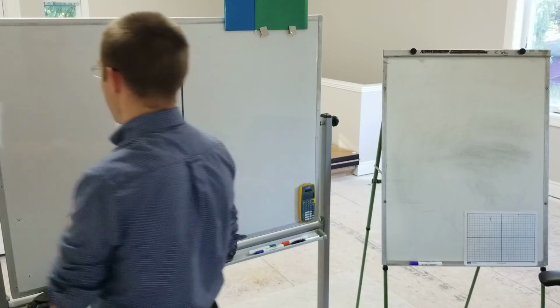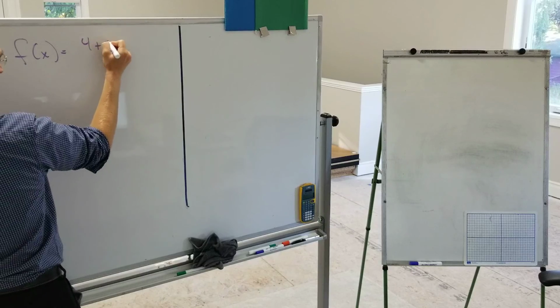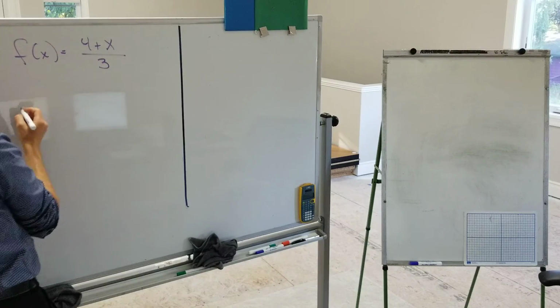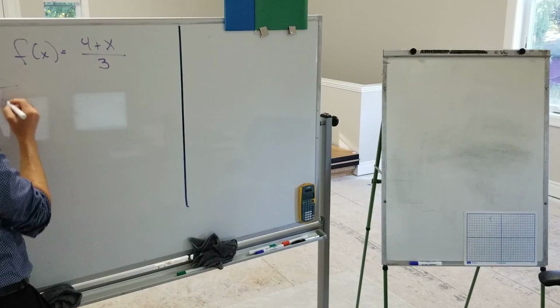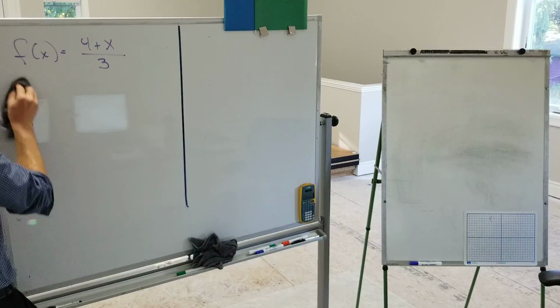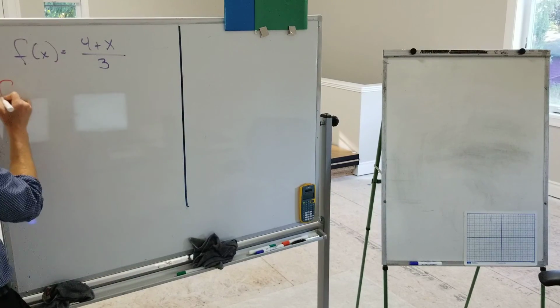f of x equals 4 plus x over 3. So f of x equals 4 plus x over 3. What's the difference between these?